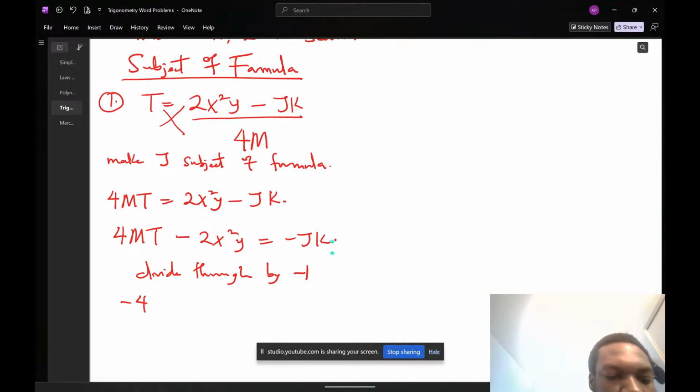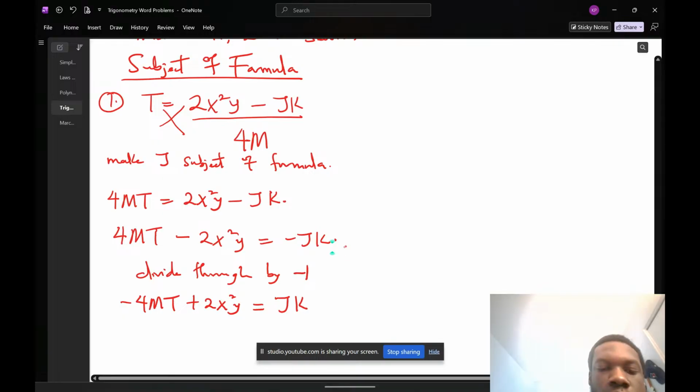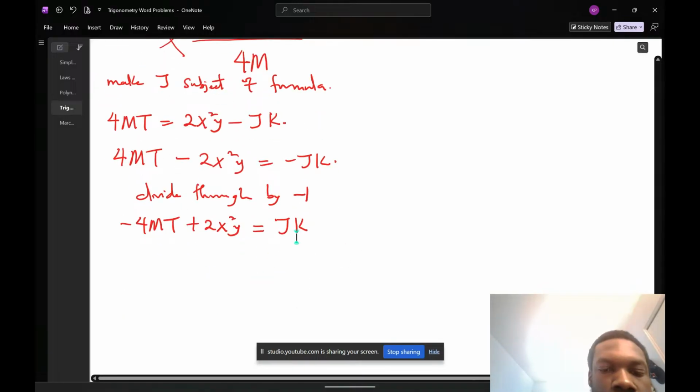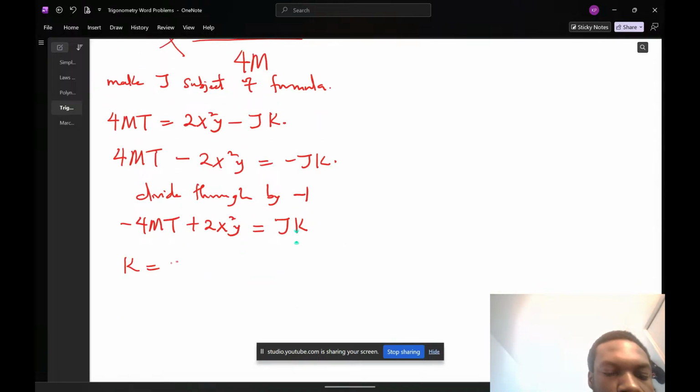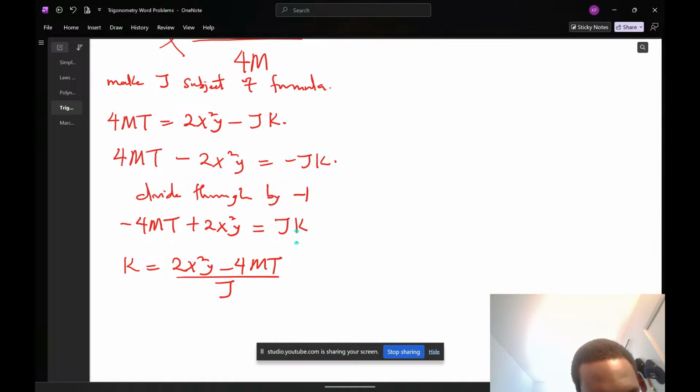This will be minus 4mt plus 2s square y is equals to jk. So k is equals to 2s square y minus 4mt over j. So this will be the answer.